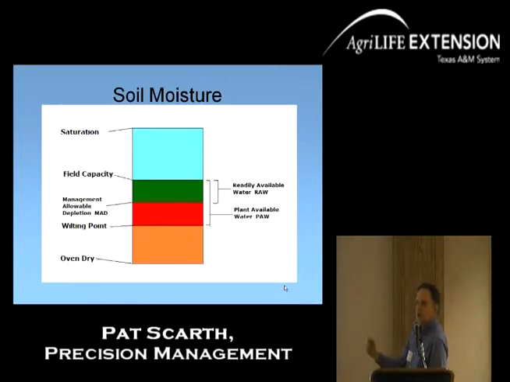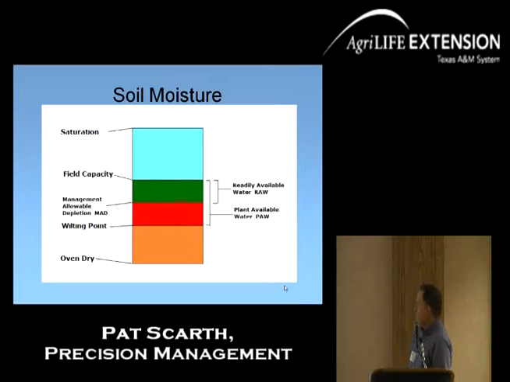Then if we pulled the plug out of the bottom of that and let all the water drain out of it, we'd be down to what we call field capacity. And the water at that level is held in the soil by capillary attraction, and that water can freely move in the soil by capillary attraction.